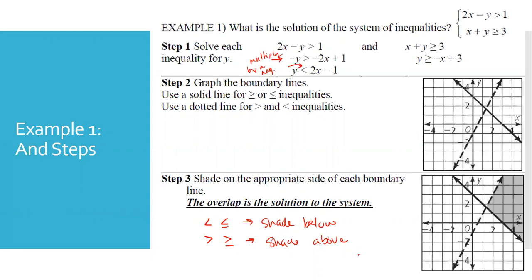So shade below, shade above, and then where they overlap is our solution. We have 3 examples to do together, and then you have 6 problems to do on your own. Are you ready?